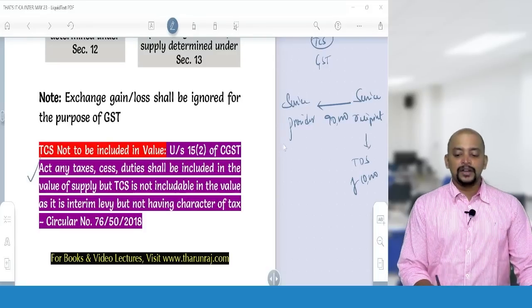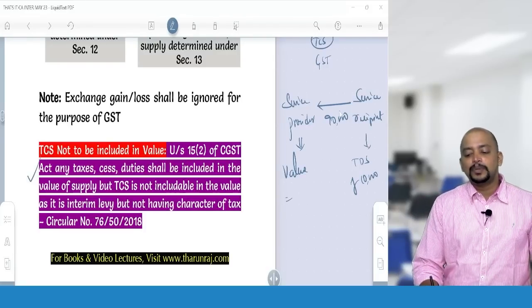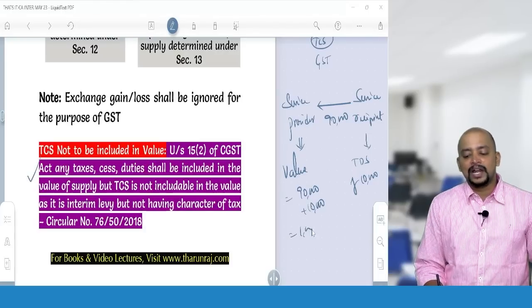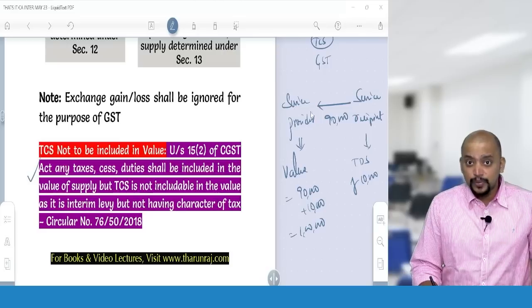What should be taken as the value of supply for the service provider? The value will be 90,000 received plus TDS deducted. So 90,000 plus 10,000 will be taken as 1 lakh. The logic is simple. This 10,000 is nothing but the tax which the service provider has to pay.